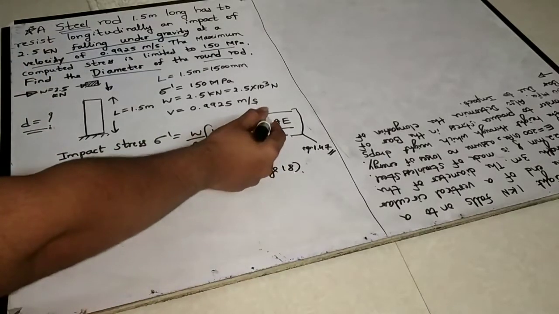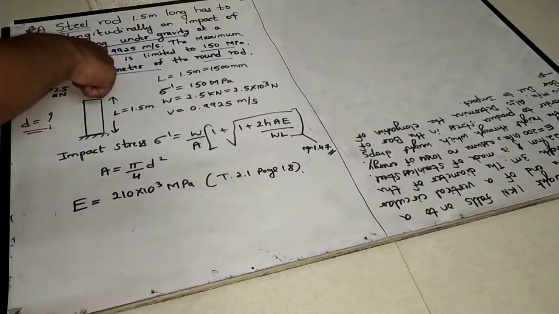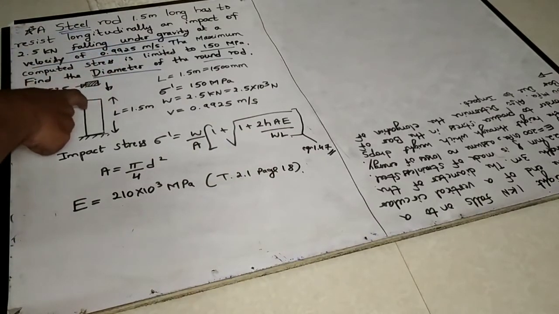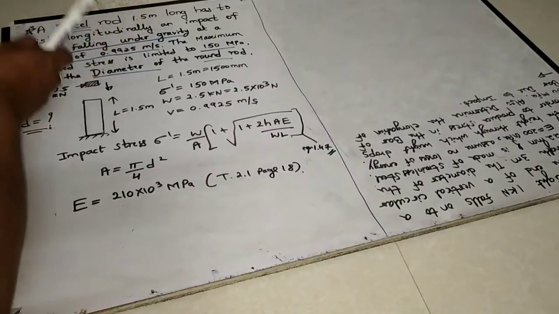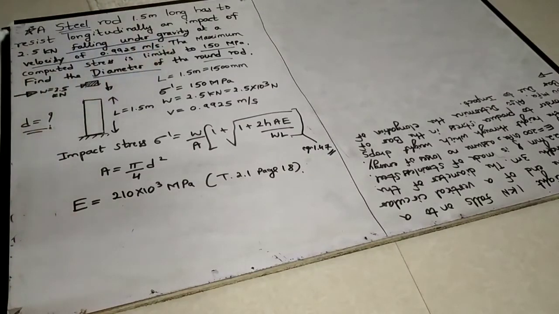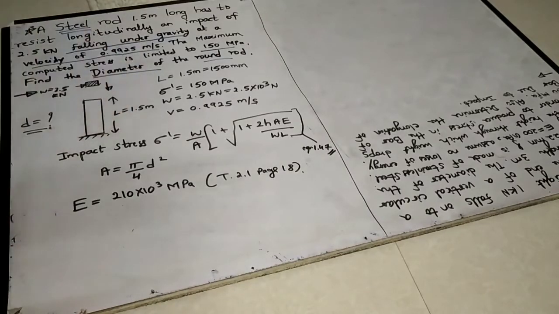Now what is h? h is not given. What is the height from which this weight is falling on the rod? That is not known to us. So how to find it? Observe this. They have given some data. This weight 2.5 kilonewton is falling under gravity. Falling under gravity means it is a free falling case, right?